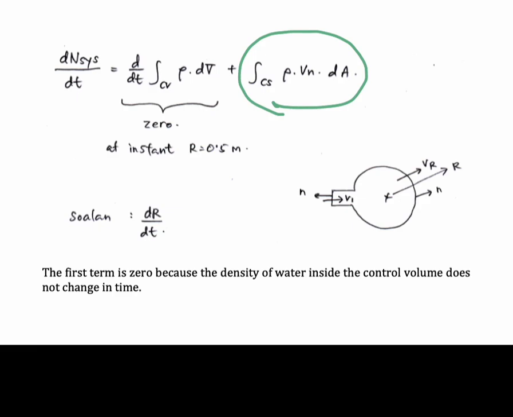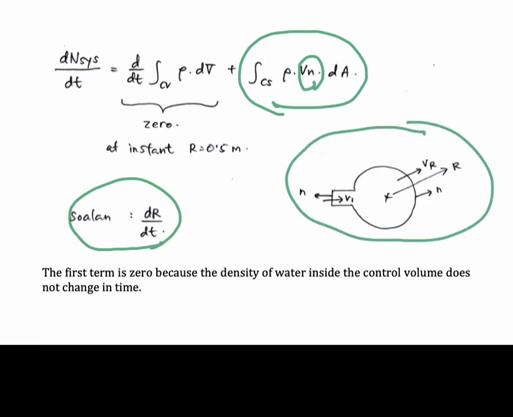And here the value of Vn is the velocity, but the question needs us to find the value of dR dt. So you need to analyze your situation again. We find that the balloon keeps increasing, so the value of the radius will become bigger and bigger.